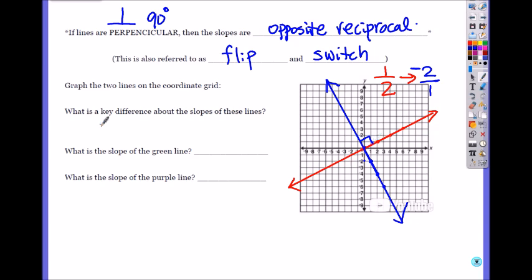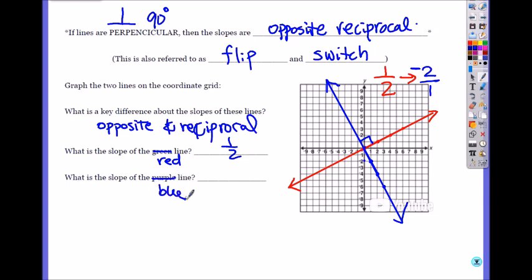They are, again, opposite and reciprocal. What is the slope of the green line, or red for us? 1 over 2. What is the slope of the blue line? It is negative 2. You can write negative 2 over 1, but usually we don't put over 1. But if it helps you to see the relationship, that's fine.